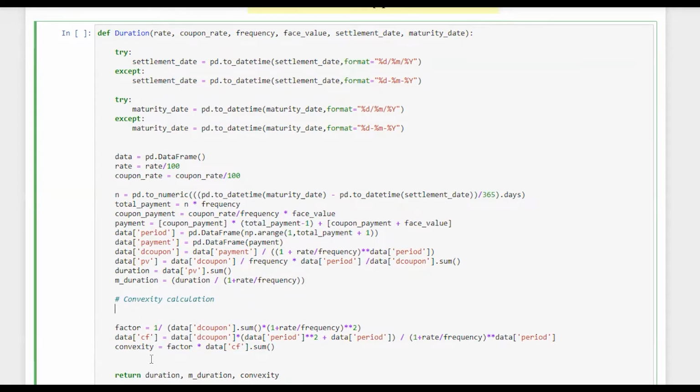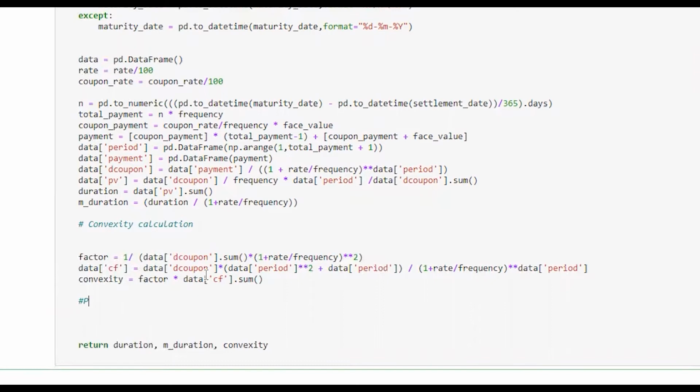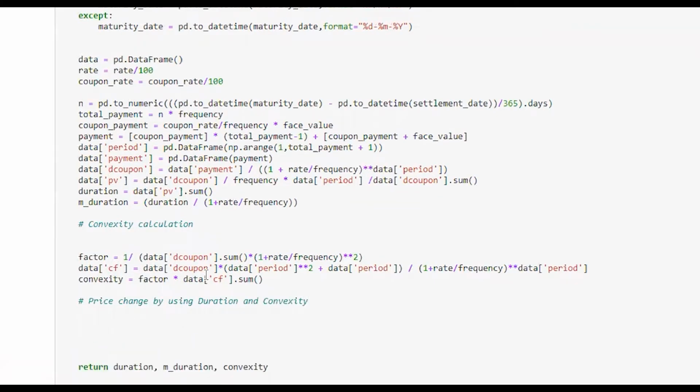So let's start. Here I'm calculating price change by using duration and convexity. The formula here is price change is equal to duration effect plus convexity effect. So let's calculate it.